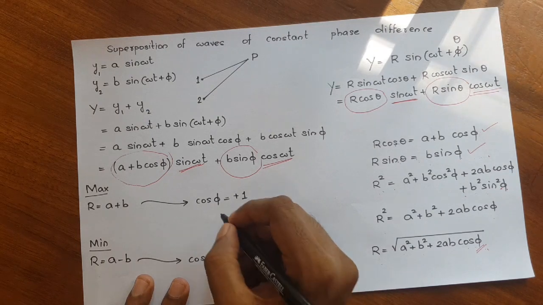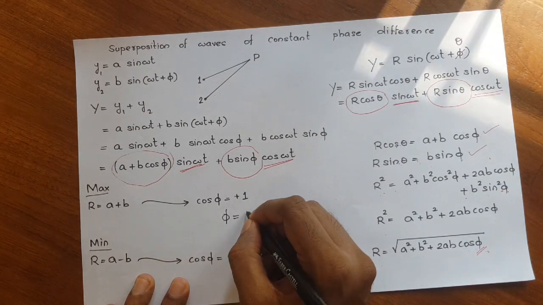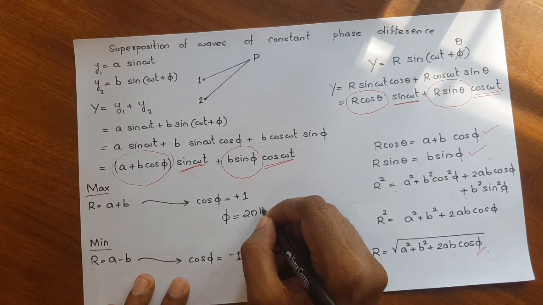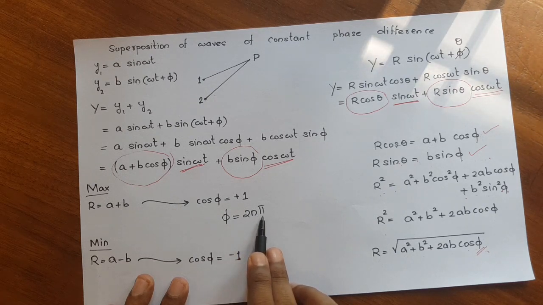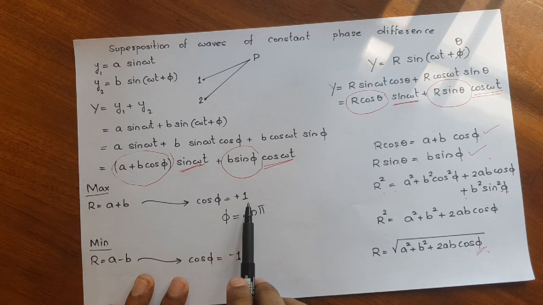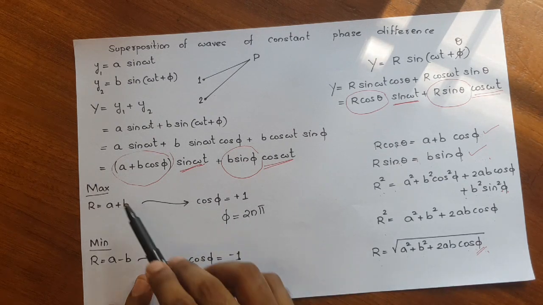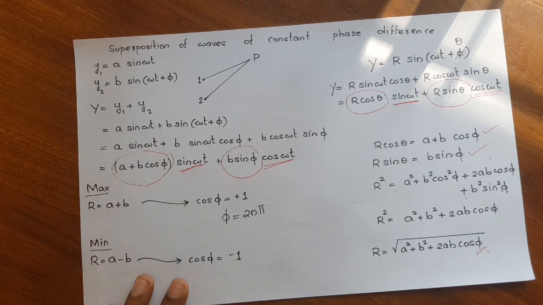So when does this happen? This happens when the phase difference is an even multiple of pi. See, whatever value of n we take, if we multiply that value by 2, then that is an even number. So if we have the even multiple of pi, then always the cos phi value will be 1, which will make the resultant amplitude maximum.